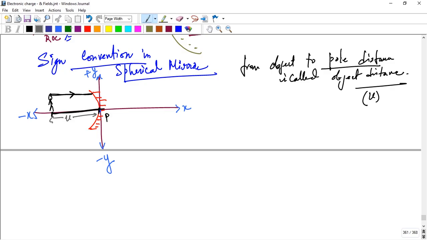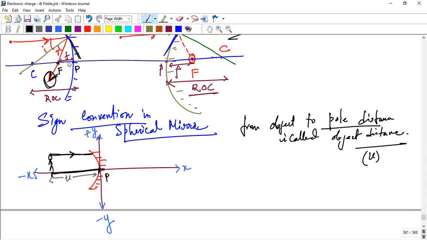After striking, this incident ray is reflected back in the same medium, and this point is called the focus, F. This length, from the focus to the pole, is called the focal length.